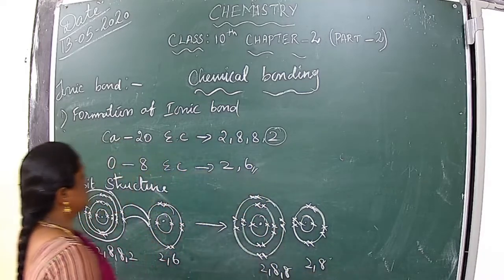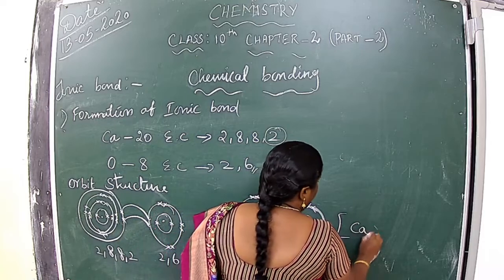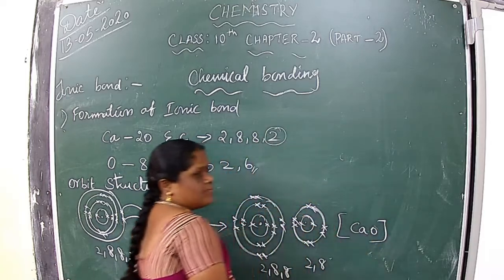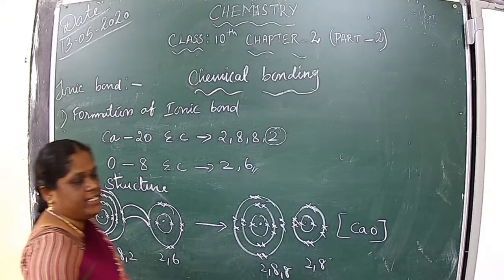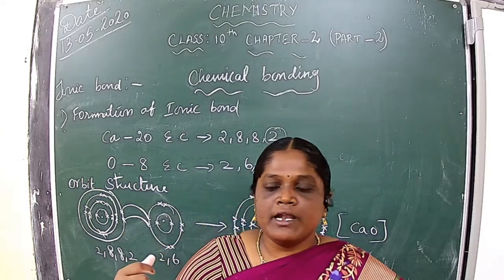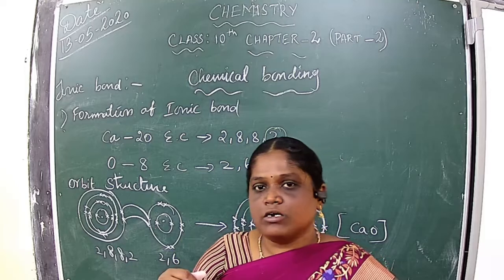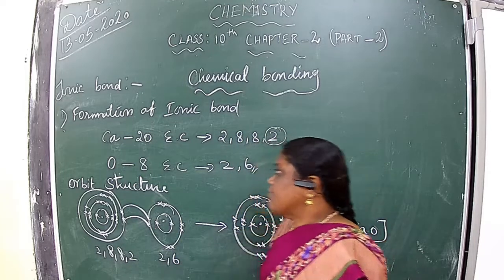Understood? This is the orbit structure. Clear? I hope you understood the formation of the ionic compound. Examples: NaCl, magnesium chloride and calcium oxide. Calcium oxide, you have done correctly, I think.